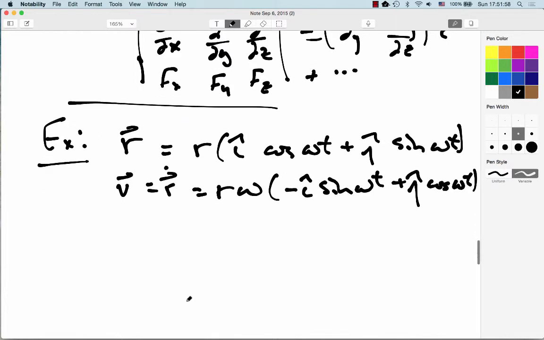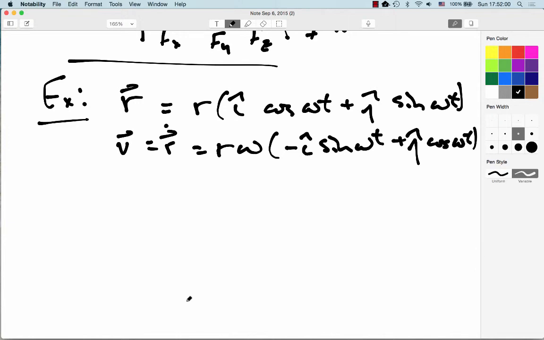So then if I wanted to, I could go ahead and take the curl of this. Before I do that, let's multiply this r times the sine and the cosine. Oh wait, that's y and x. So I can rewrite this as omega times minus i hat y plus j hat x. Now let's go ahead and take the curl.